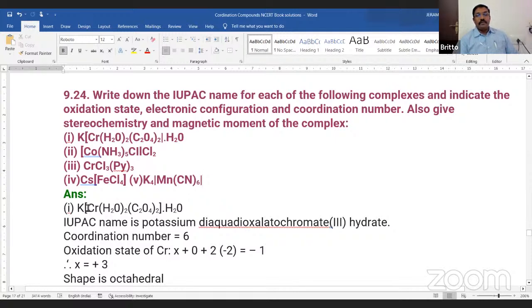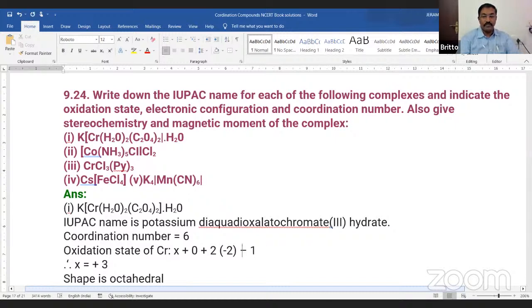And then what is the overall complex charge? 1 minus, because only 1 K is outside. The counter ion is 1 K, so the anionic charge should be 1 minus. So 4 minus, if you bring it to the other side, becomes plus 4. So minus 1 plus 4, you get plus 3.